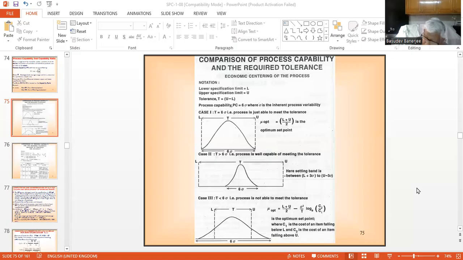Now, management has given a good machine. Let us see how supervisors are running it. That will be judged by Cpk, the measure of accuracy. It is the minimum of X double bar minus L over 3 times standard deviation, and U minus X double bar over 3 sigma, with lower specification 49.997 and upper specification 50.003.